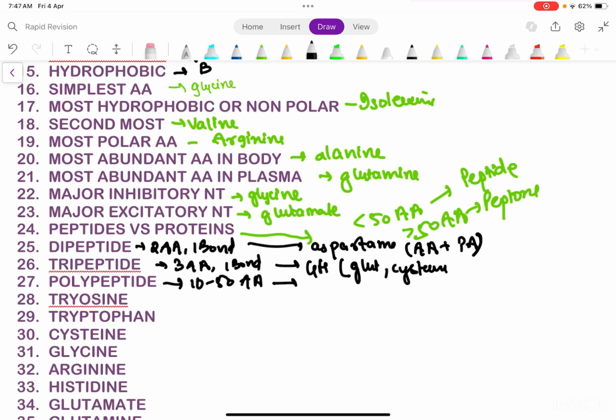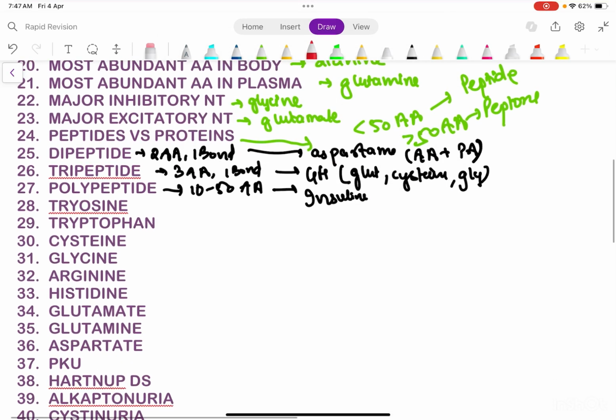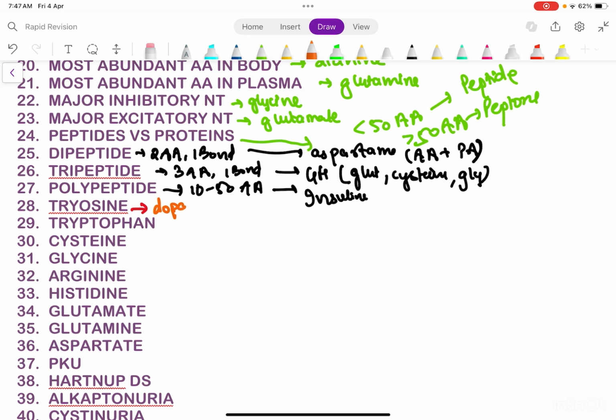In this you have glutamic acid, then cysteine, and then glycine. Insulin is also there. Okay, then tyrosine. These are the derivatives that are formed from tyrosine. We all know tyrosine gives dopamine, then melanin, then epinephrine and norepinephrine.